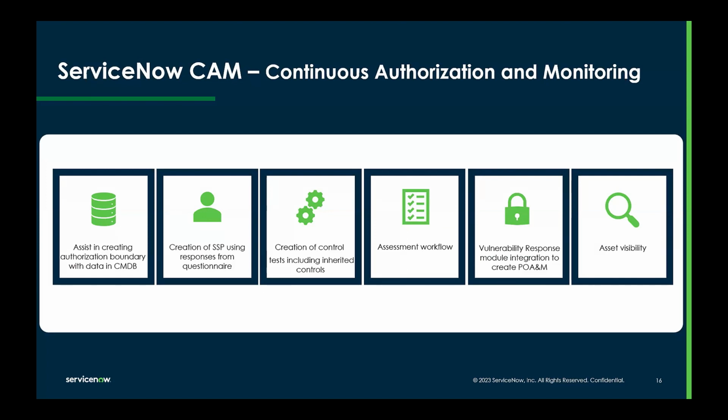For those that have not had the joy of creating an SSP, you will find that you have to not only gather all this information from various groups, but now you've got to wordsmith it all together. For example, access controls. You might have to gather information from your single sign-on group, your Active Directory group, your cloud group if it's not integrated, local accounts, user accounts, service accounts, privileged access accounts.